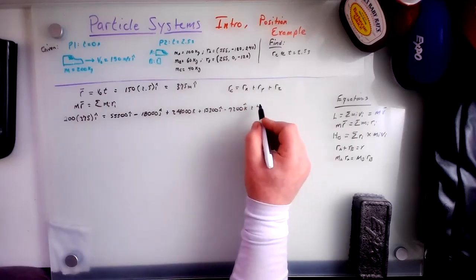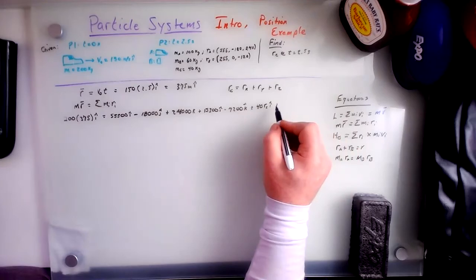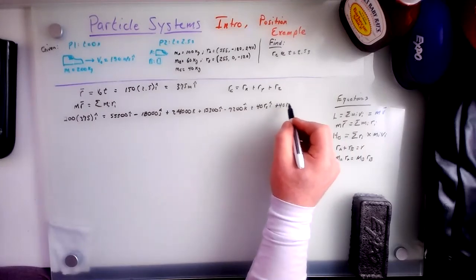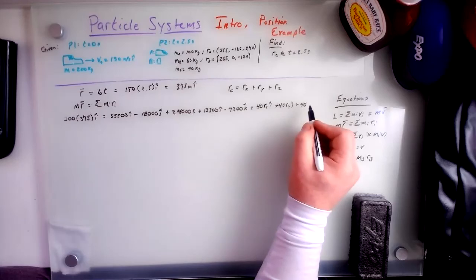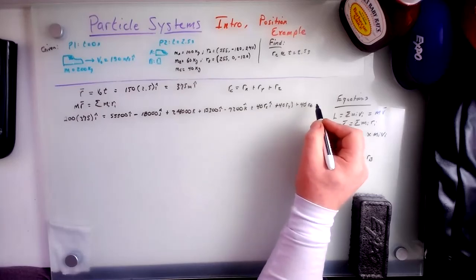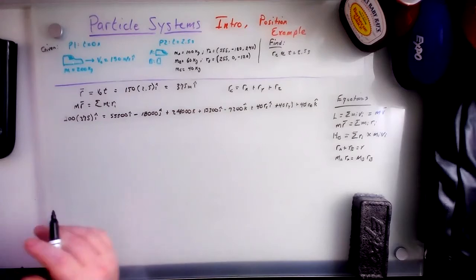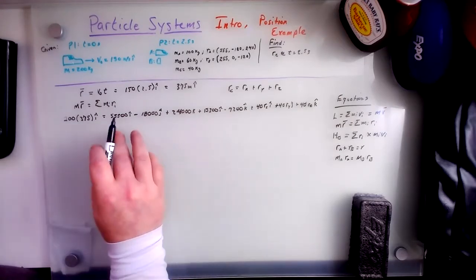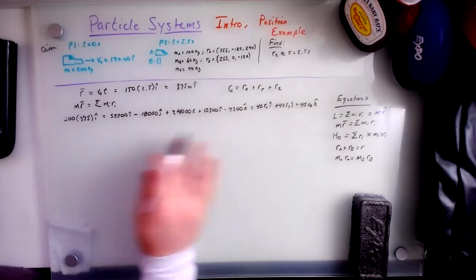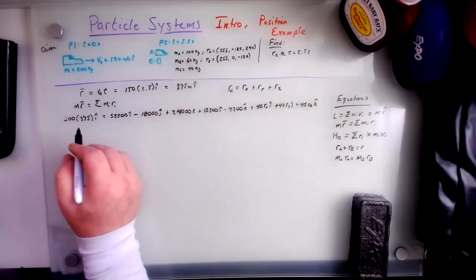So that's going to be plus 40 R_x in the I direction, plus 40 R_y in the J direction, plus 40 R_z in the K direction. What we can do here is divide this out by direction and solve each direction for R_x, R_y, R_z, and then we're there.